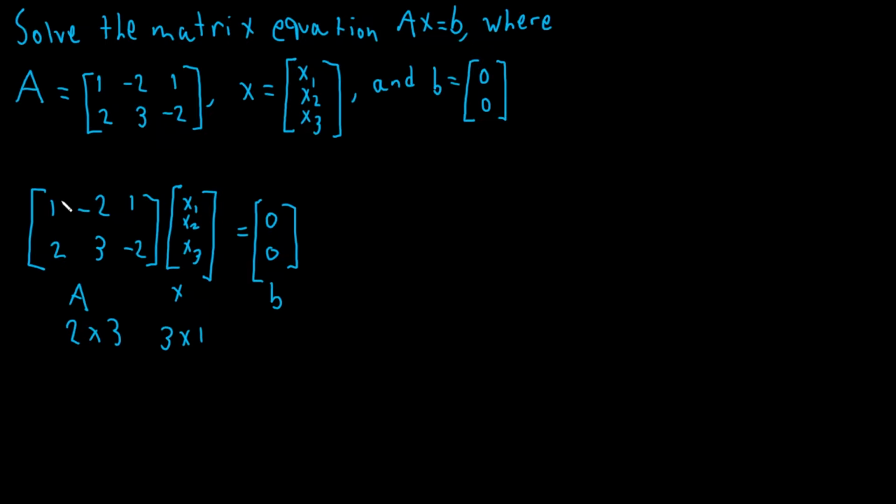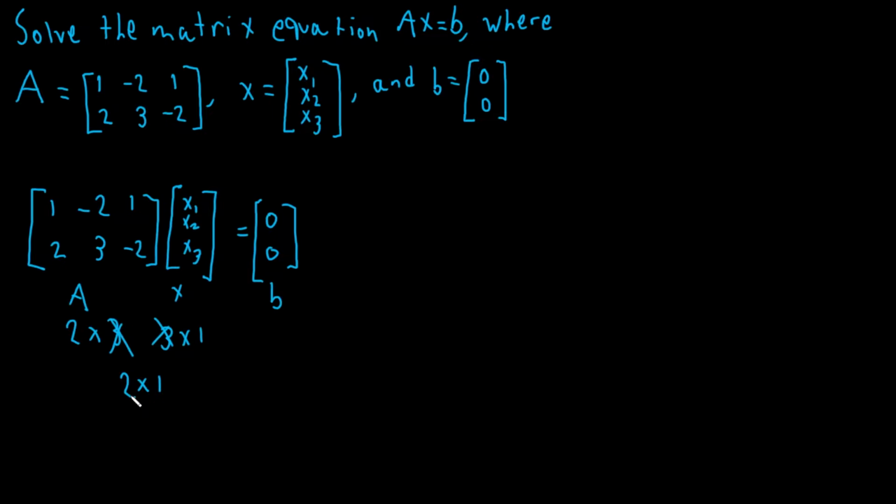Since the columns of the first matrix and the rows of the second matrix are equal, we can in fact perform matrix multiplication. Furthermore, the resulting matrix is going to be 2 by 1, because we can cross these out and the remaining quantities are 2 and 1.